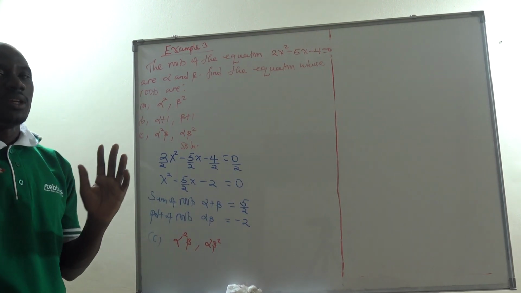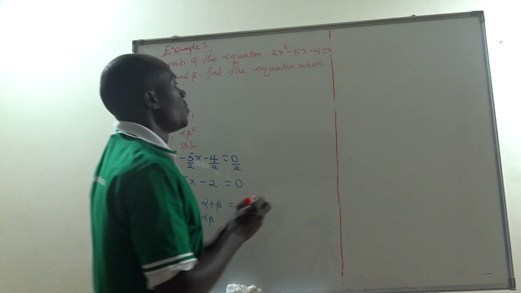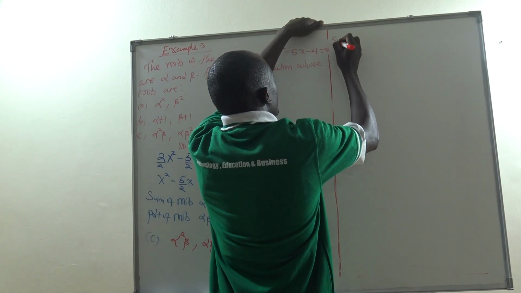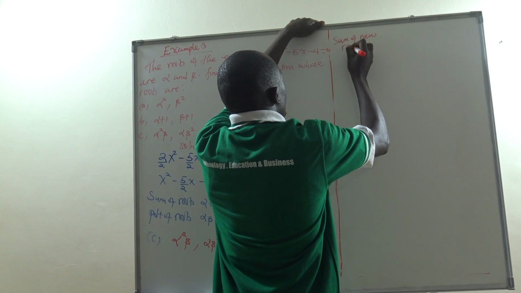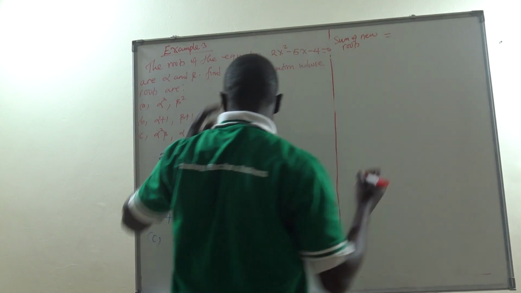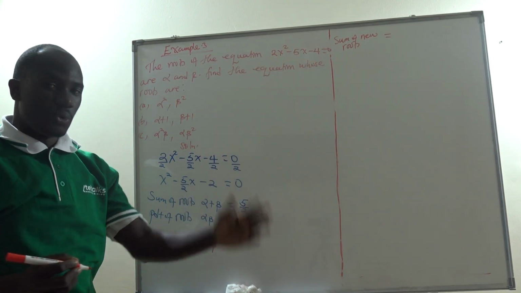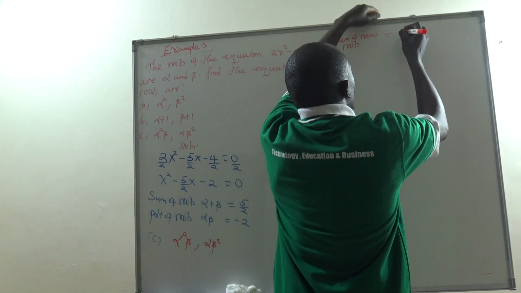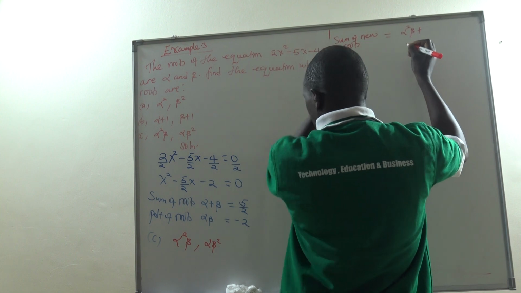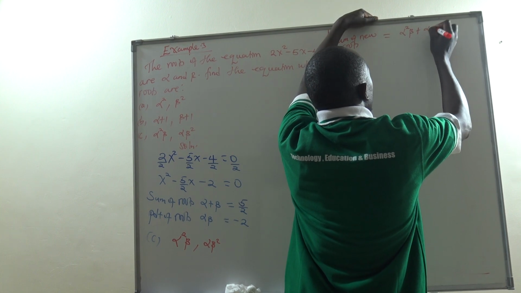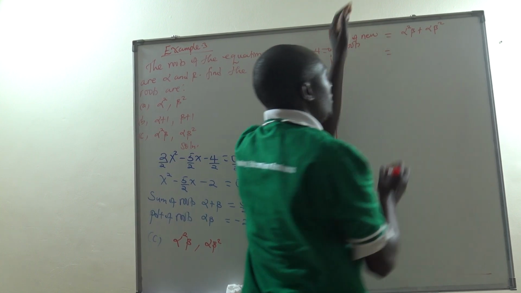So the same story, get the sum of the new roots. So can we get the sum of new roots? The sum of new roots is going to be, you add the two: alpha squared beta plus alpha beta squared. What is common here?